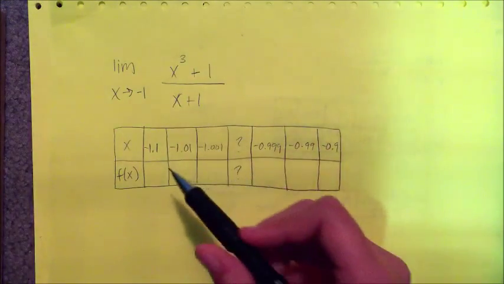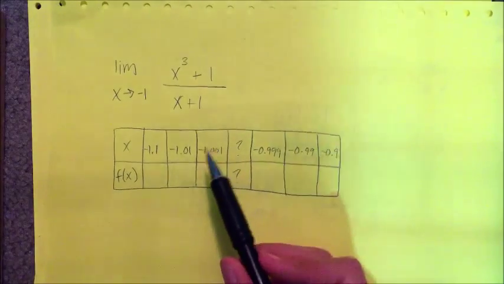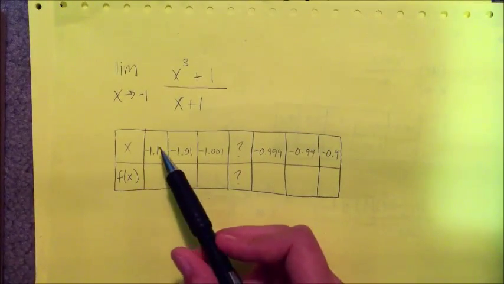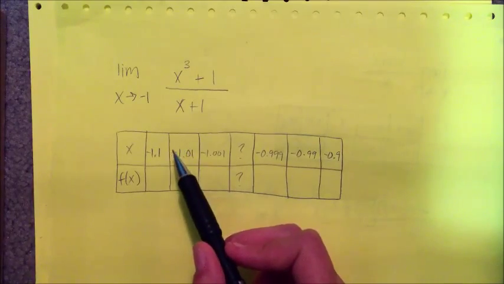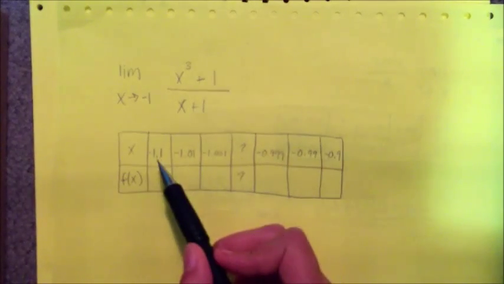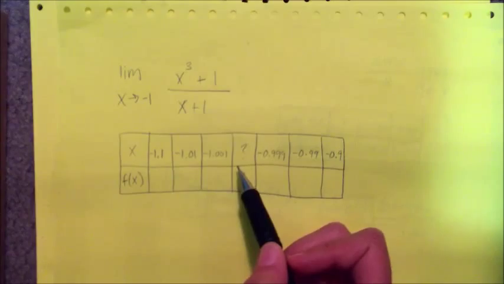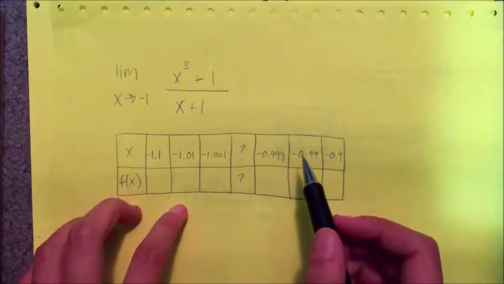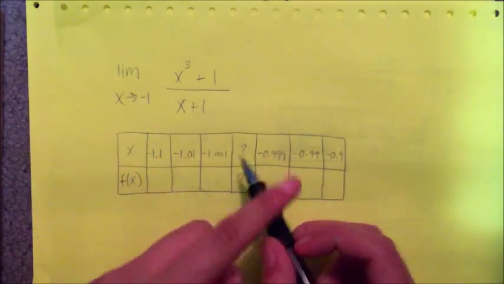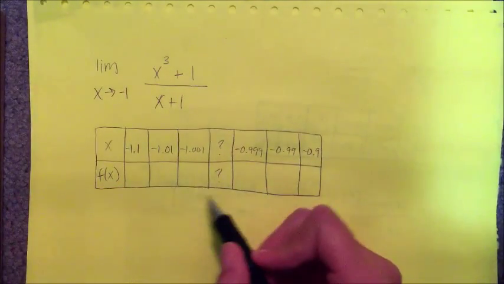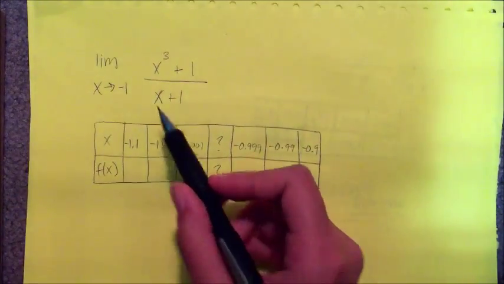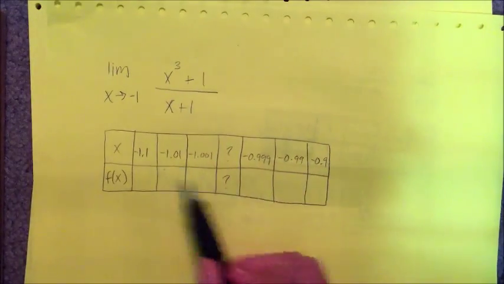So again, we have to find a table of x values that approach -1 from the left and approach -1 from the right. And it's very important to make sure that you have the right sequence of x values, because if, for example, these three were switched up, then you'd have a problem in determining the f of x values. So it's very important to pick the correct x values here.